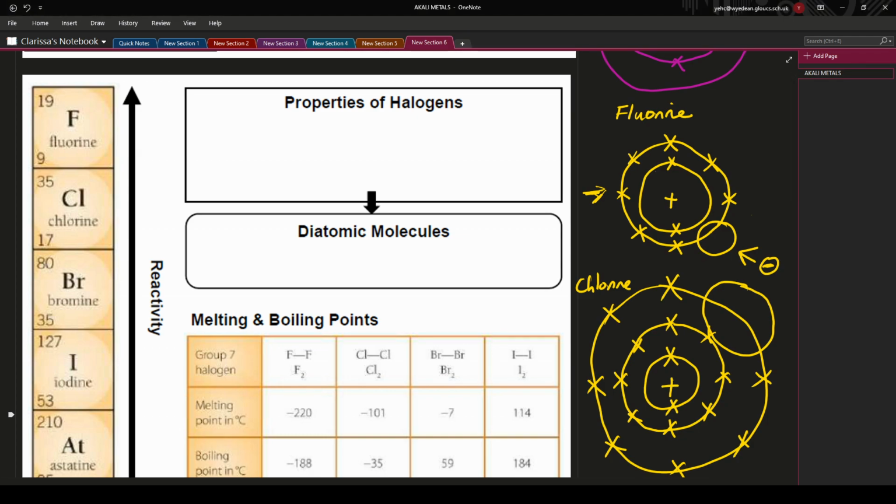Now on to the general properties of halogens. So halogens, they don't look the same at all because they all have different colors. So they produce colored vapors. Oh, I should draw a different color actually.